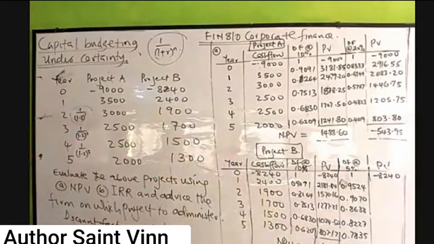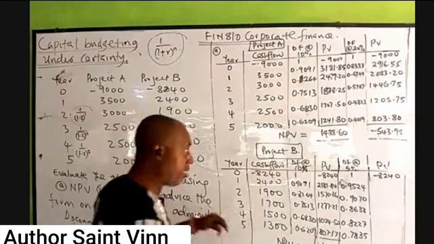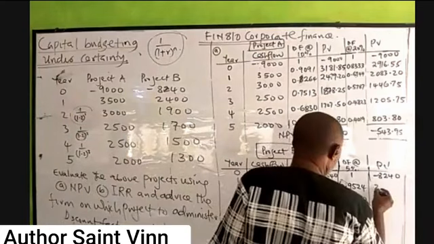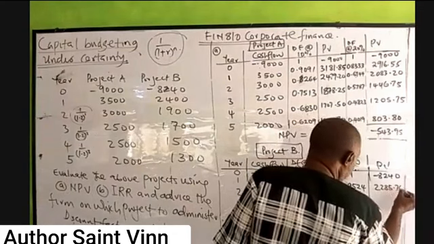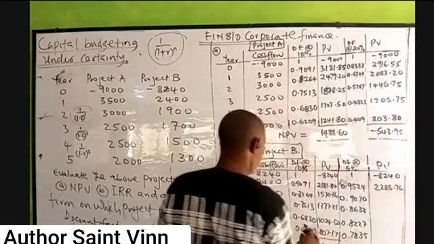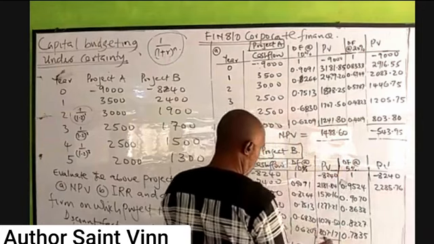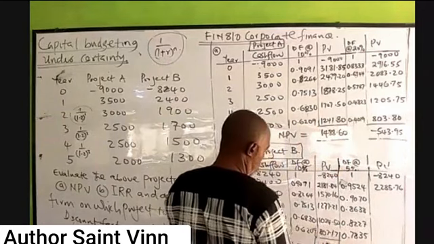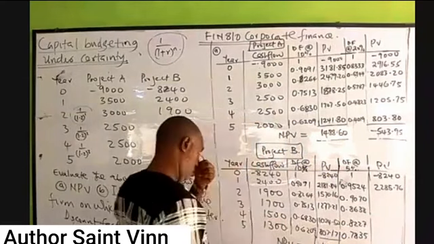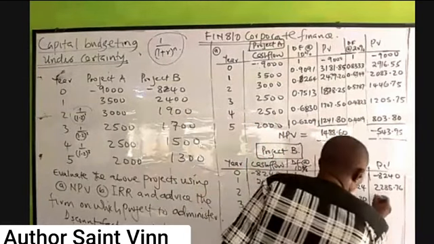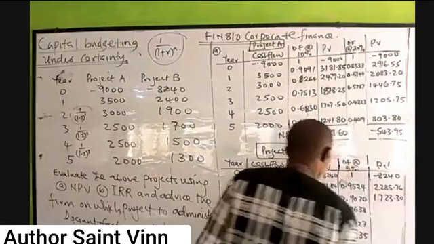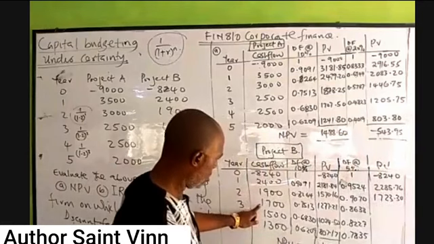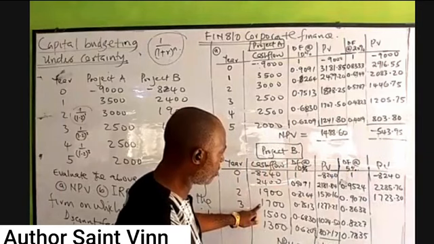That gives 276. Next, 1723. Next, 17 times 0.863.